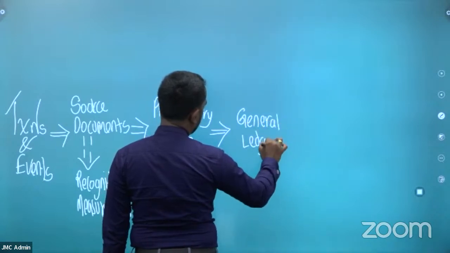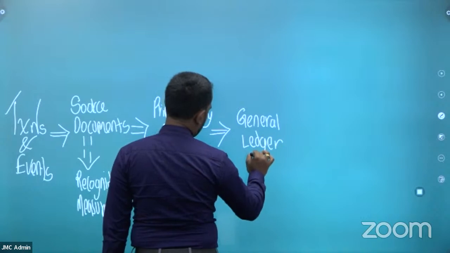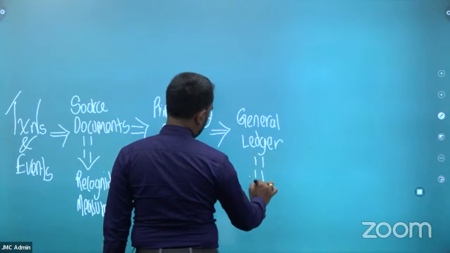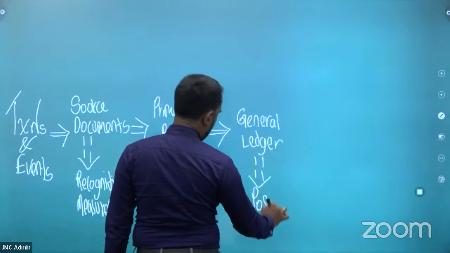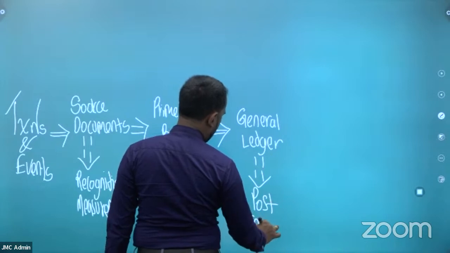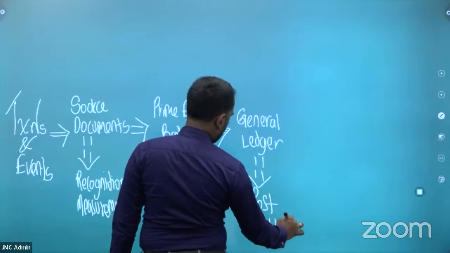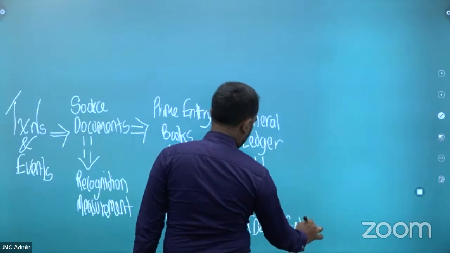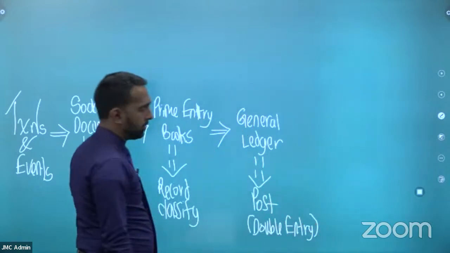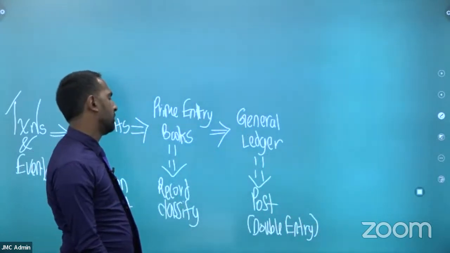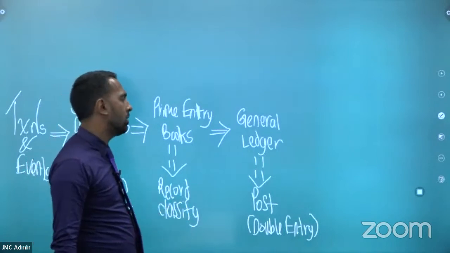The general ledger is what we call the posting. You pass the double entry, post. That is the real accounting, huh? Debit and credit.